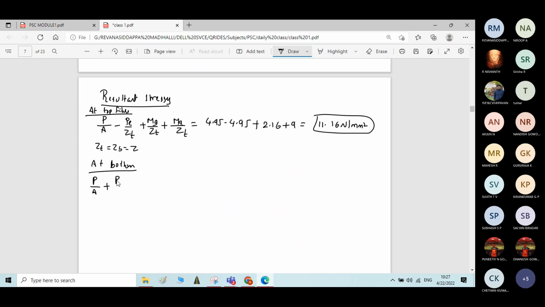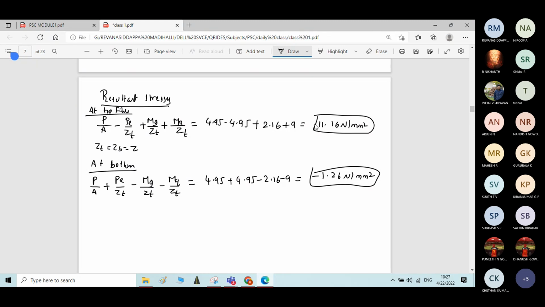Plus Pe by Zt minus Mg by Zt minus Mq by Zt. So it will be 4.95 plus 4.95 minus 2.16 minus 9. The answer is minus 1.26 Newton per mm square.